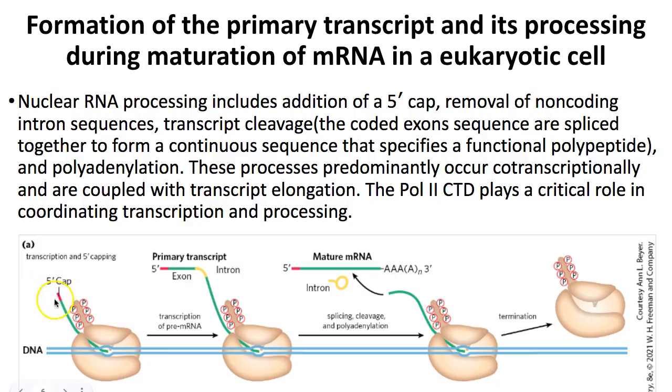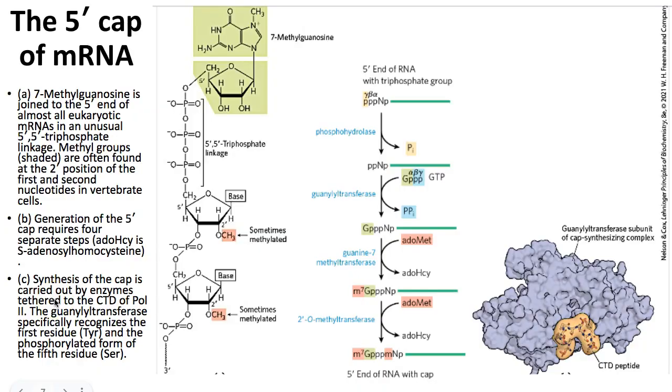So how is this cap created? Over here you see the actual structure of the cap on the messenger RNA. You see highlighted here 7-methylguanosine, which is attached to the 5' end of the nucleotide.